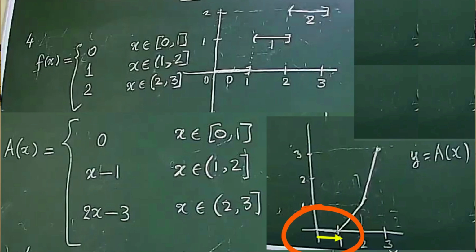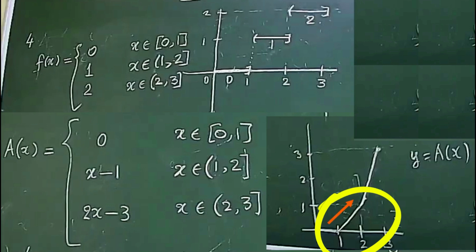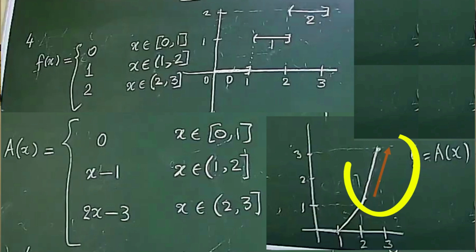So it is going to be linear on this part, and then on this part it's again linear, and then on this part it's again linear.